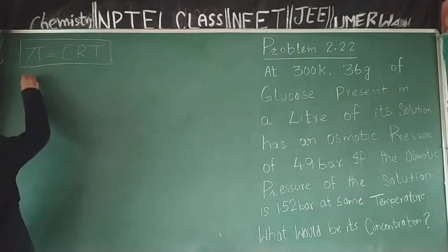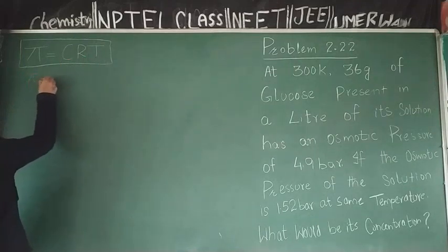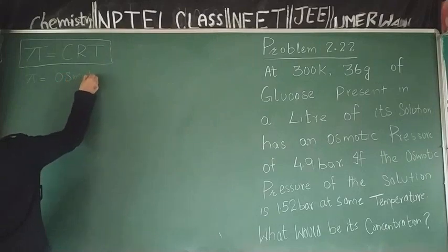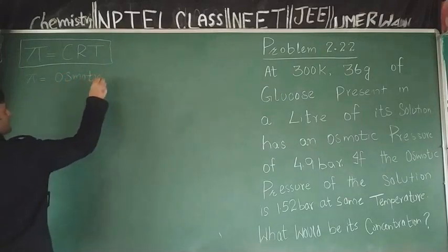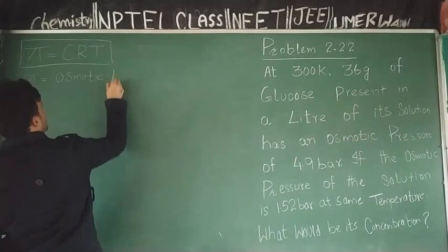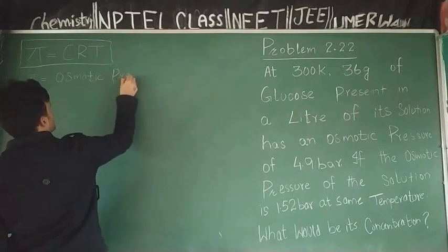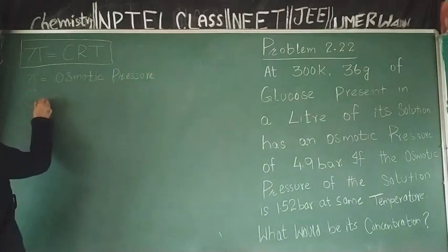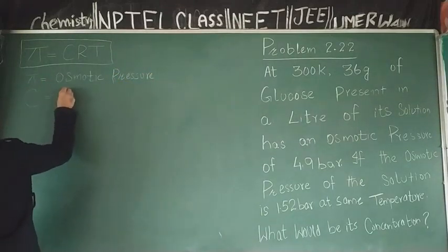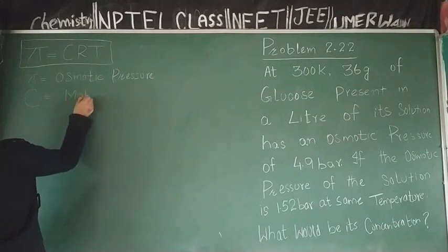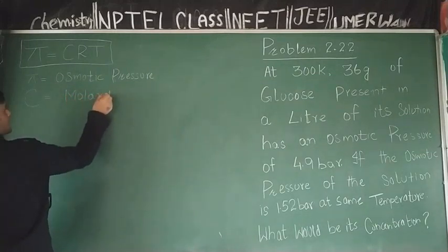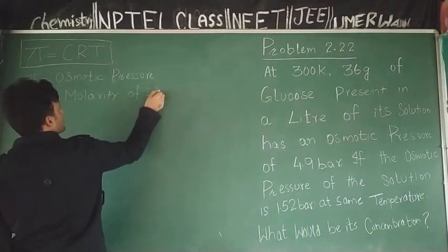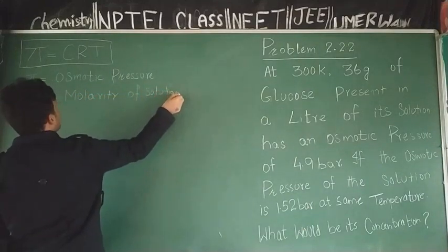So here pi is osmotic pressure, and capital C is molarity of solution, molar concentration of solution.